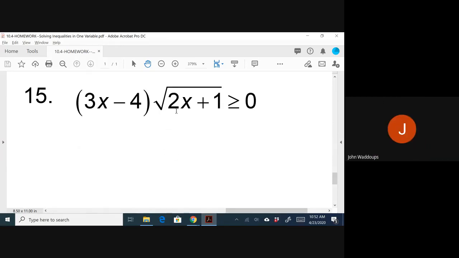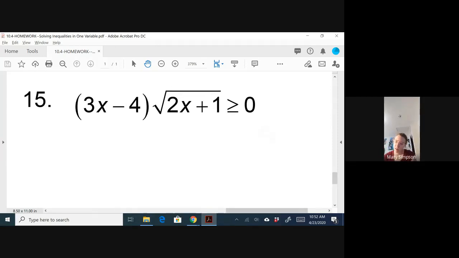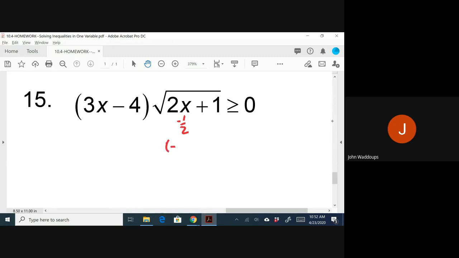Because if I put in negative 1/2 here for x, negative 1/2 times 2 would be negative 1. Negative 1 plus 1 equals 0.